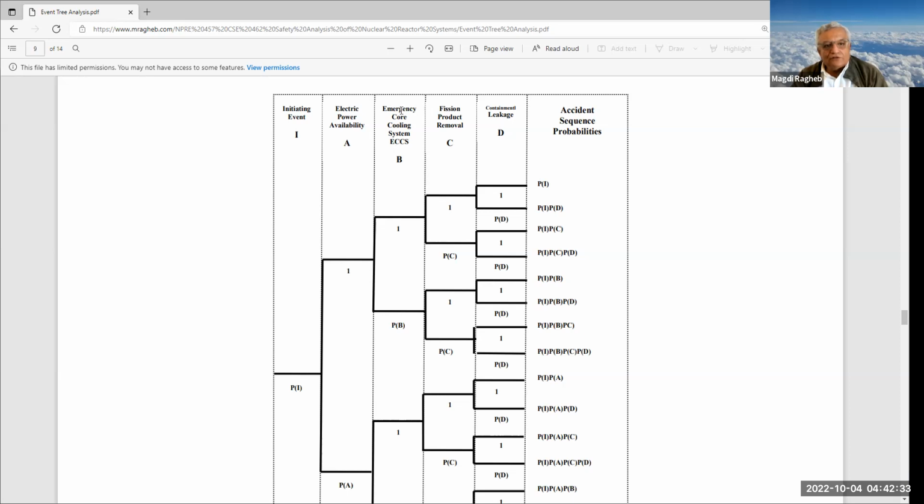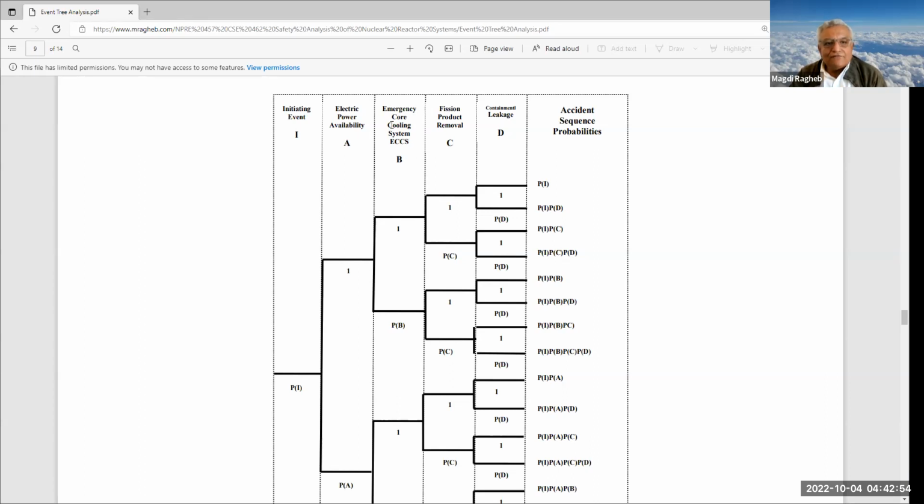We call this emergency core cooling system. And it can succeed. If it succeeds, it's 1. If it fails, it's P of B. We are calling the initiating events I, the electric power availability, capital A, the emergency core cooling system, capital B.